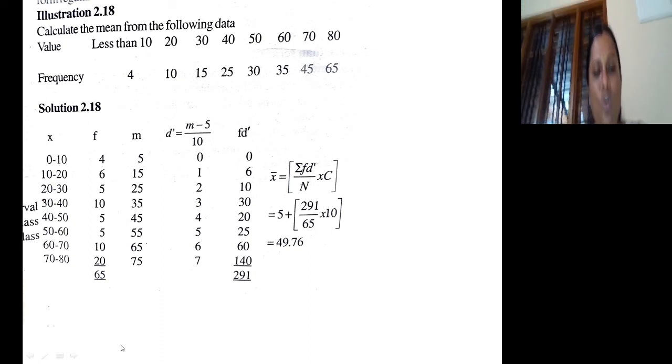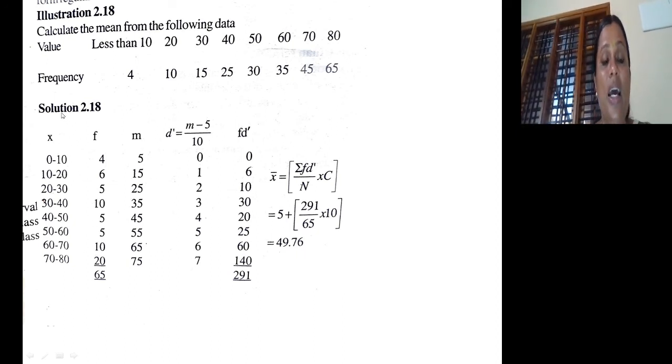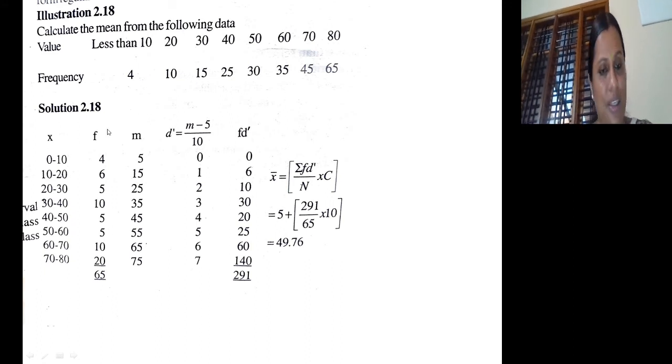It becomes 6. In the same way, less than 30 is 15, so deduct 10 from 15 to get the number who scored 20 to 30: 15 minus 10 is 5. Again 25 minus 15, 10. 30 minus 25, 5. 35 minus 30, 5. 45 minus 35, 10. 65 minus 45, 20. This is how to calculate frequency and rearrange the given less than series as class intervals. Did you get my point?